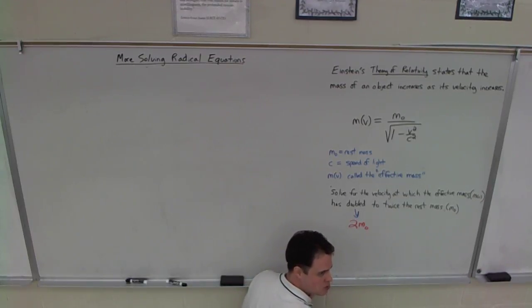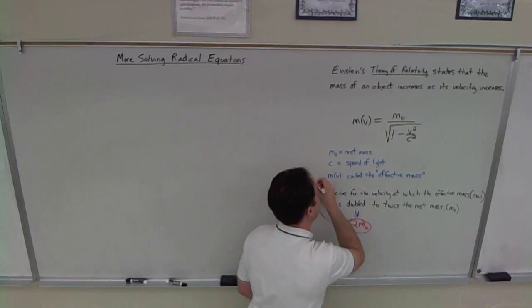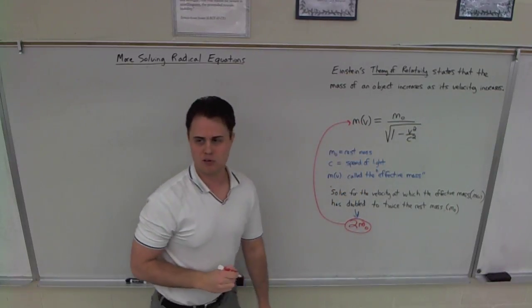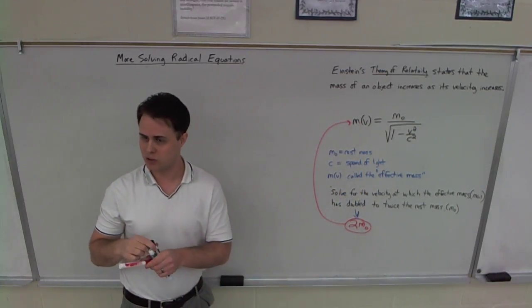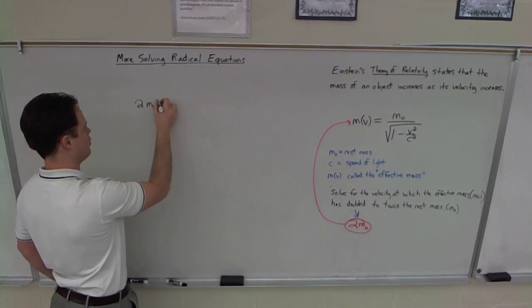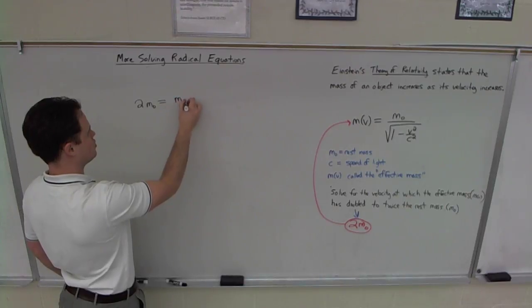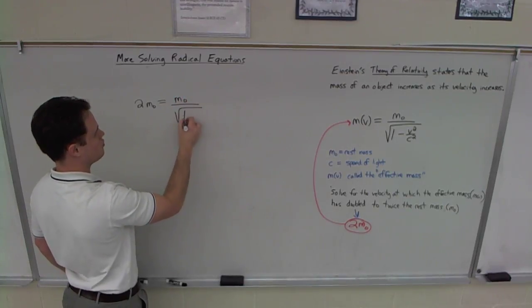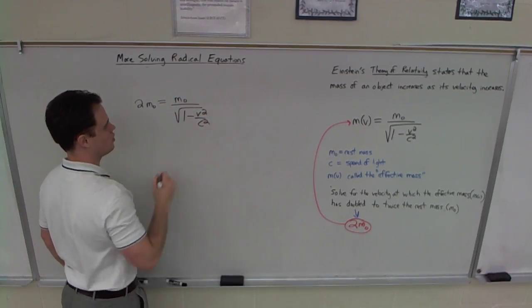So I want 2m sub 0, and I want to put that where? I want that to be what the effective mass is. So that's what I'm going to do, and then I'm going to solve. Okay? So 2m sub 0 equals m sub 0 over the square root of 1 minus v squared over c squared.